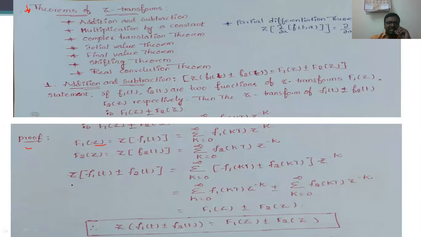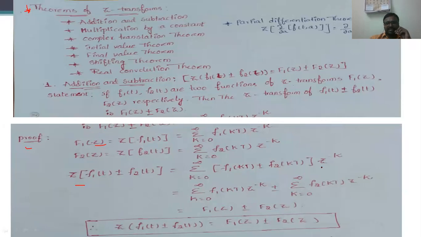Therefore, the Z transformation of the function f1 of t plus or minus f2 of t is equal to sigma k equal to 0 to infinity of f1 of kT plus or minus f2 of kT, into z power minus k.